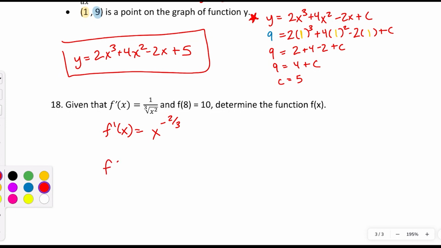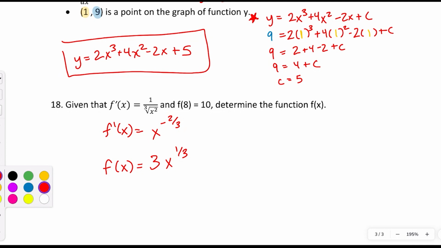So f will be, let's see, negative 2/3 plus 1 is what? 1/3. Okay, 1/3. And then I need to multiply that by the reciprocal of 1/3, so 3, good.